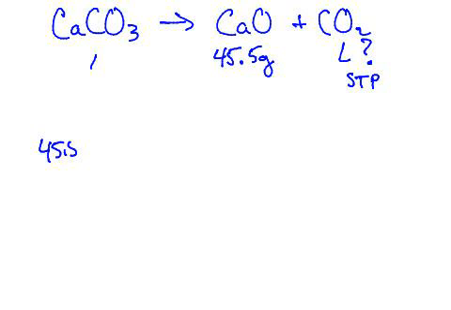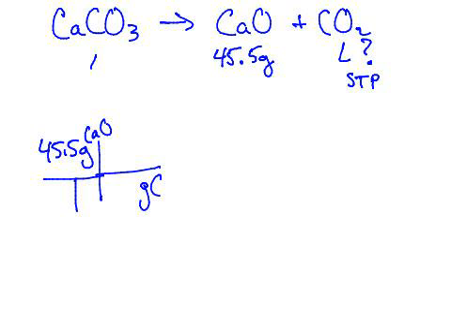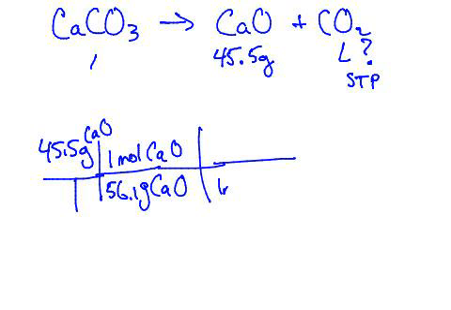So, folks, you may not need to do this example, so I'm going to try and go fast. 45.5 grams of CaO. That's going to be 56.1 grams for 1 mole of CaO. In the 1-to-1 ratio, 1 mole of CaO is equal to 1 mole of CO2.